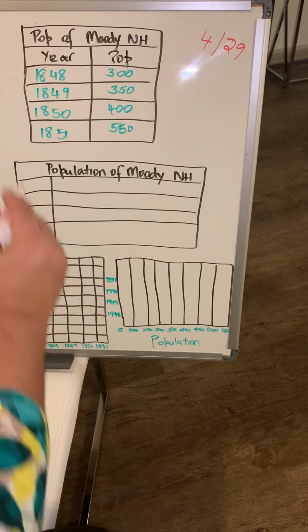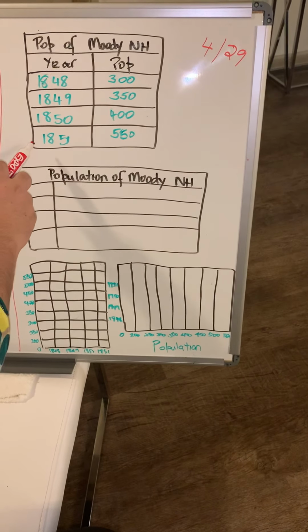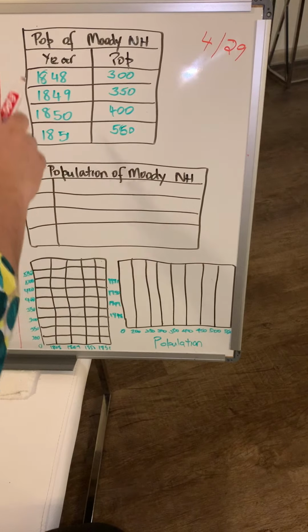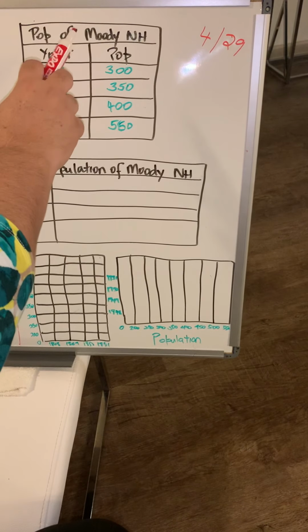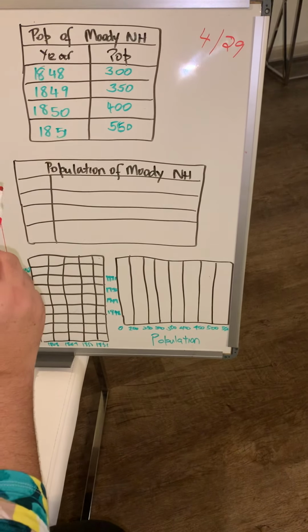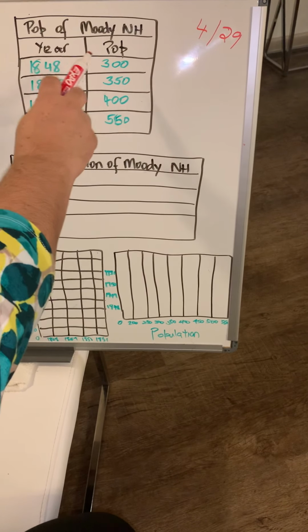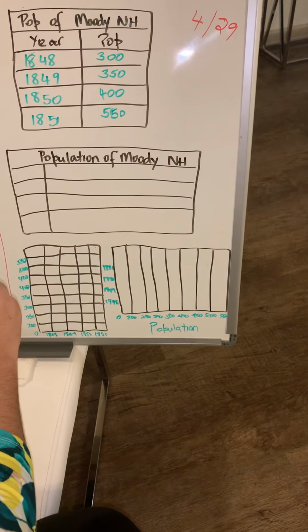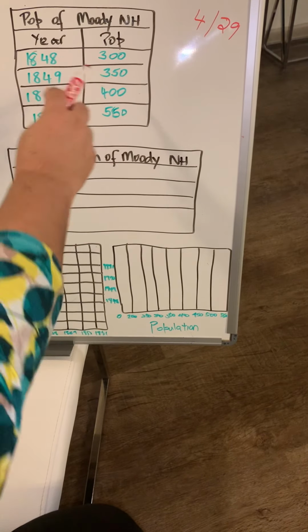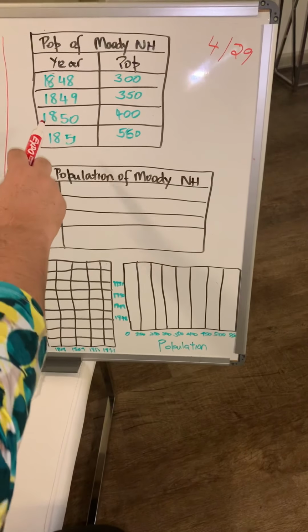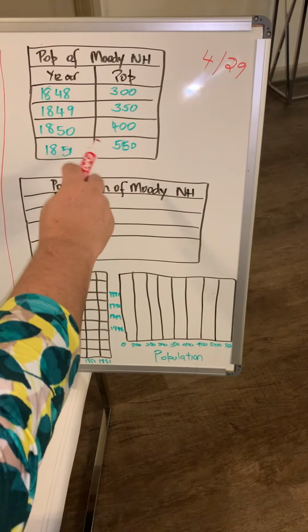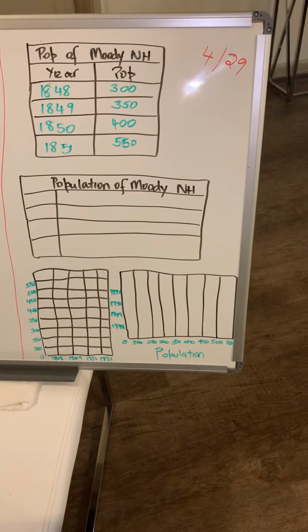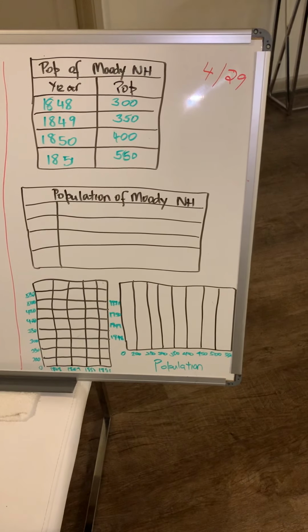All right. Now, this table is where we're getting our data from. It's telling us about the population of a town called Moody in New Hampshire. It's telling us how many people lived there in 1848, how many people lived there in 1849, how many people lived there in 1850, and how many people lived there in 1851.